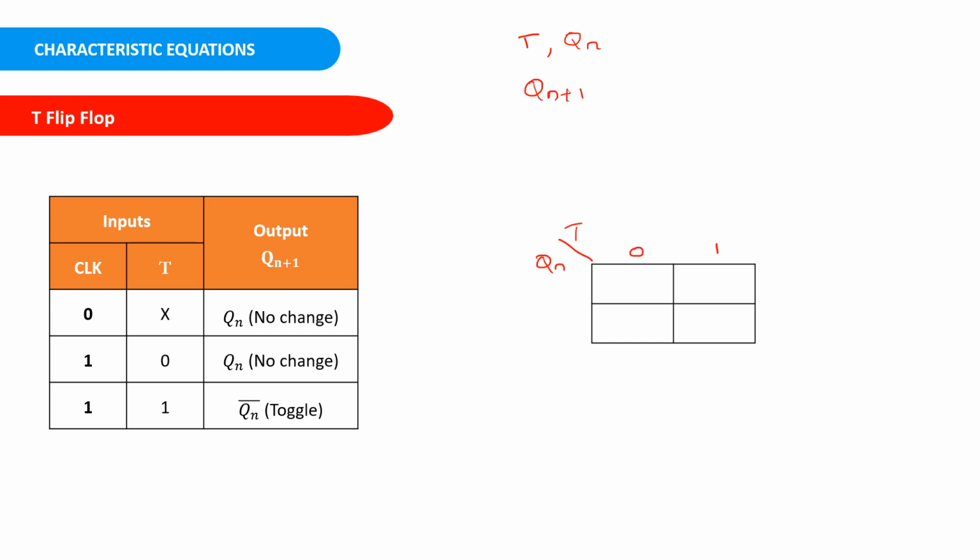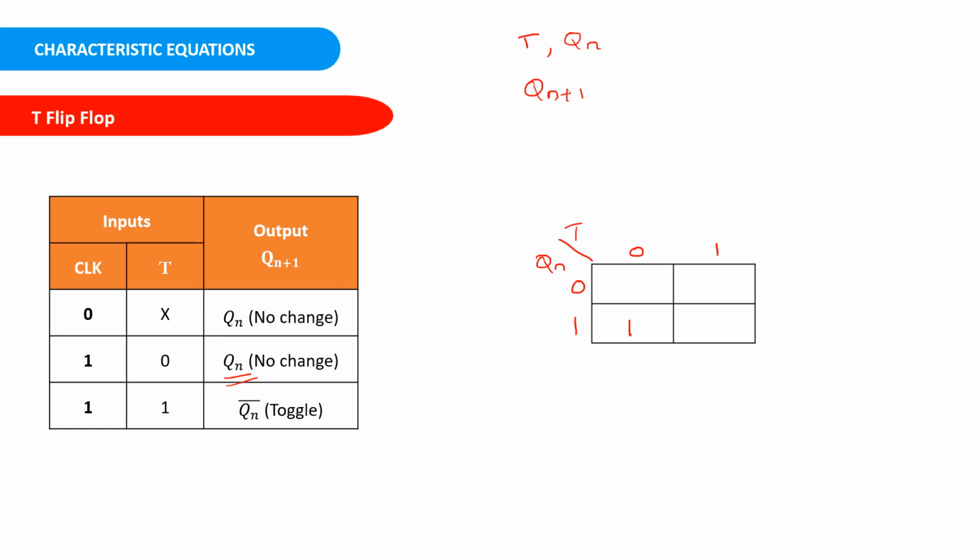T can have the value 0 and T equal to 1. For Qn also you can have 0 or 1. So when T is equal to 0, you will get Qn as the output. That means whatever the previous state, you will get the same state as the next state. So Qn plus 1 is 1 when Qn is 1, and Qn plus 1 is 0 when Qn is 0.